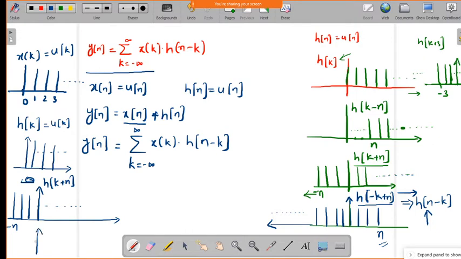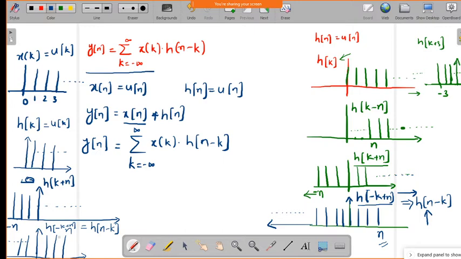You will get in the negative direction up to infinite value, and in the positive direction the signal will be there till the value of n. So this is your h of minus k plus n, which in turn we can write as h of n minus k. Is it understood?